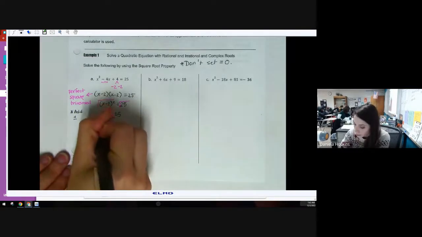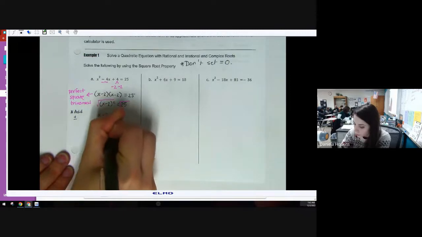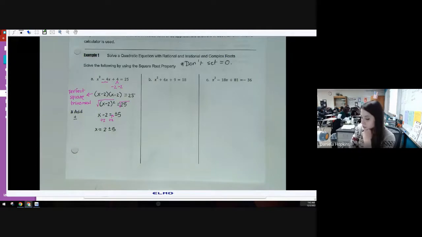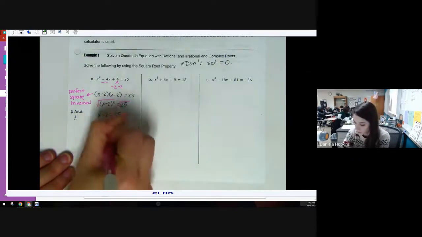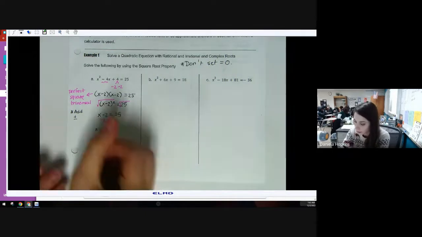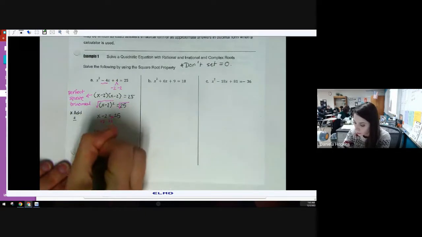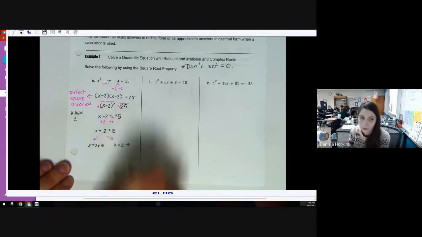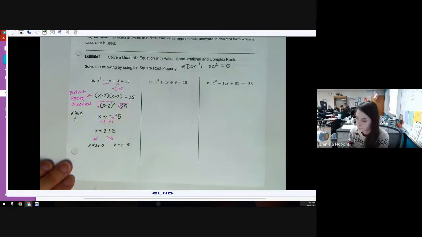So you'll have x equals 2 plus or minus 5. Because this is two distinct solutions. You will have x equals 2 plus 5 and x equals 2 minus 5. Right?